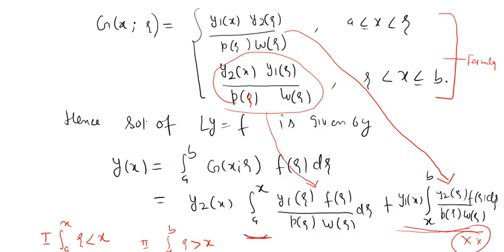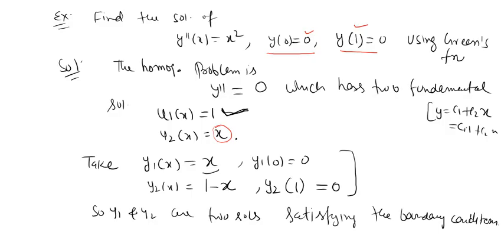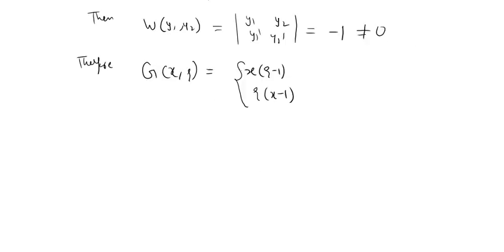Okay, so a is 0, so 0 less than or equal to x less than or equal to xi, and xi less than or equal to x less than or equal to 1. Okay, so these are the Green's functions.